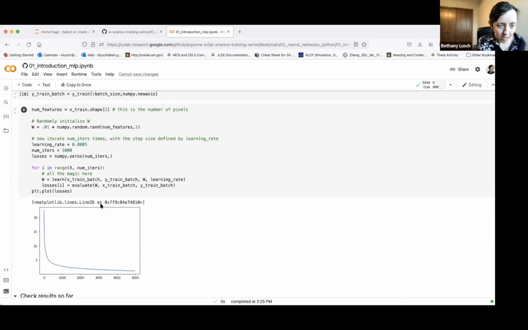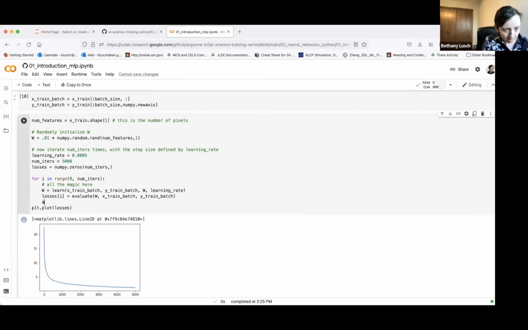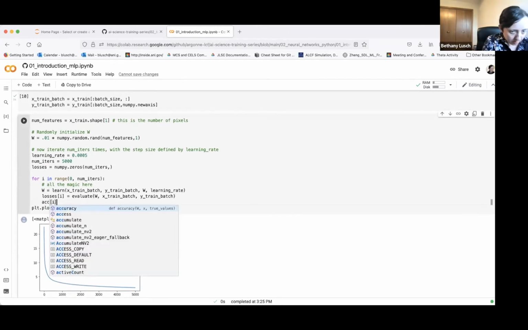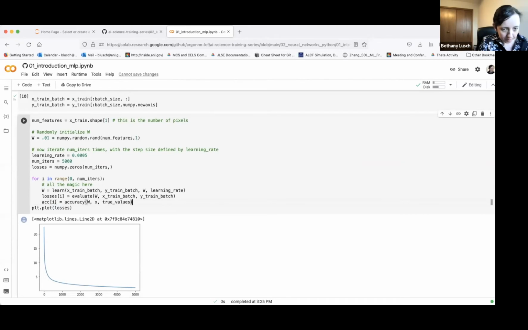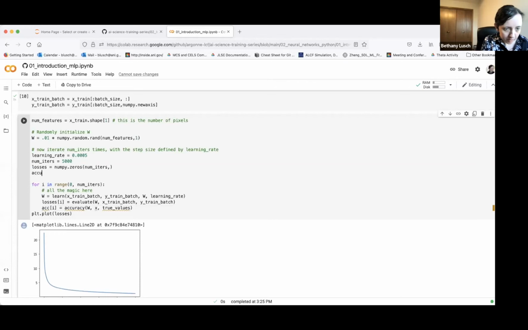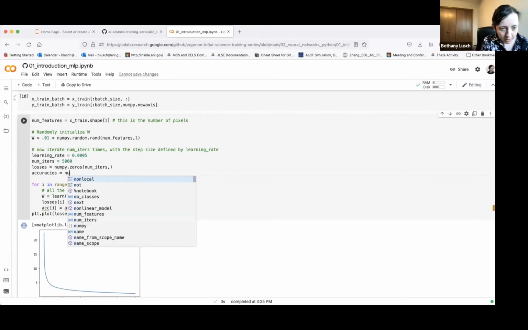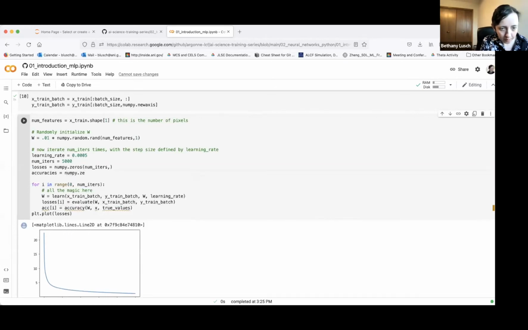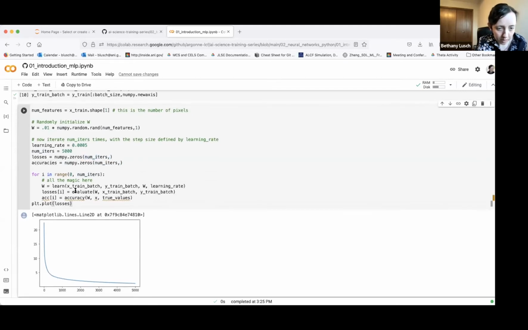So we could plug this into our training loop. And it can be another thing that we can plot during training and see something more intuitive. Any questions about this?